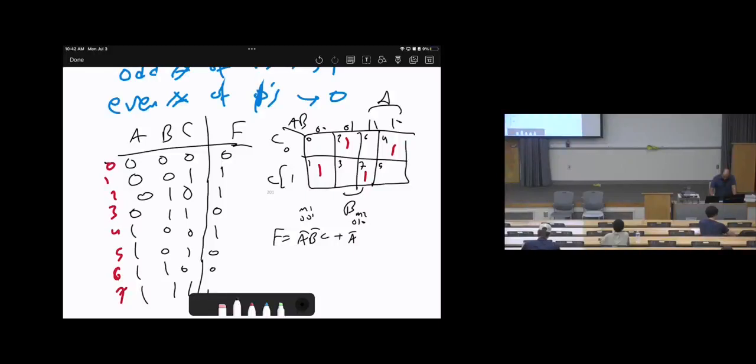Then it's going to be A bar, B, C bar, plus M4, which is 1, 0, 0. So that is A, B bar, C bar, then plus the last one, which is M7, 1, 1, 1, then ABC.